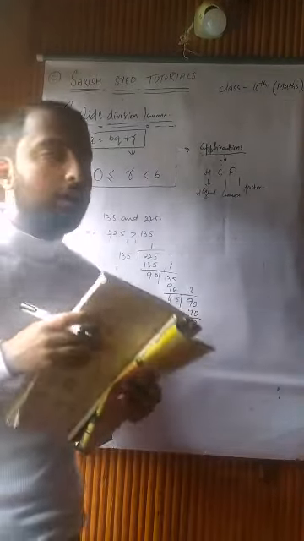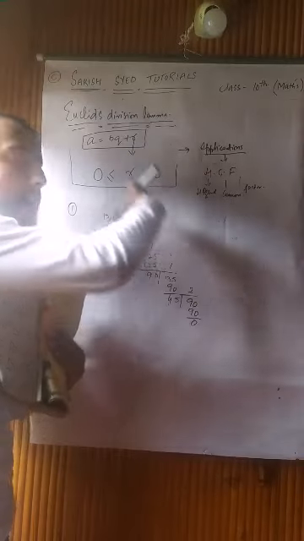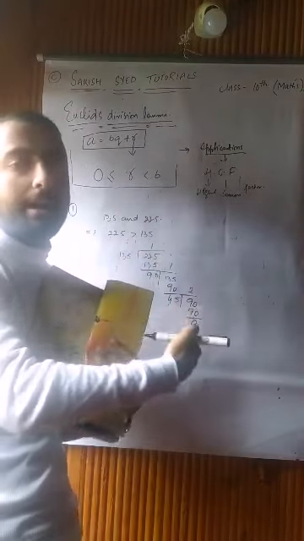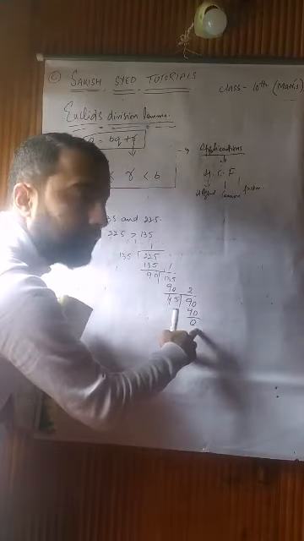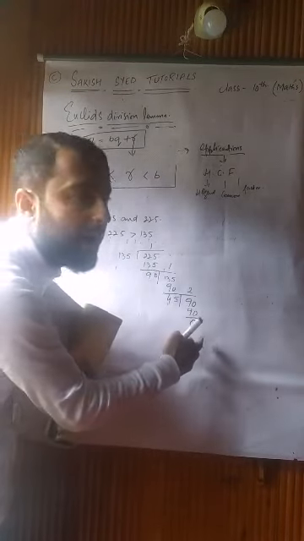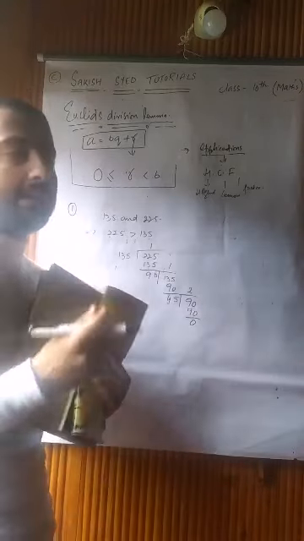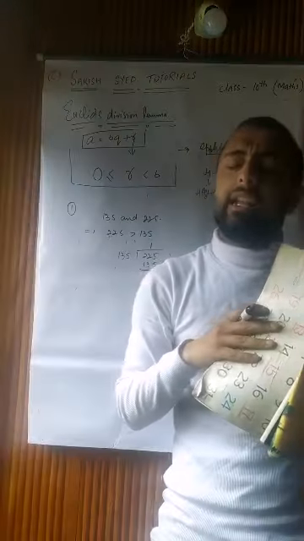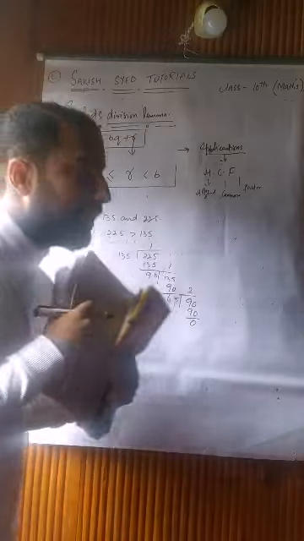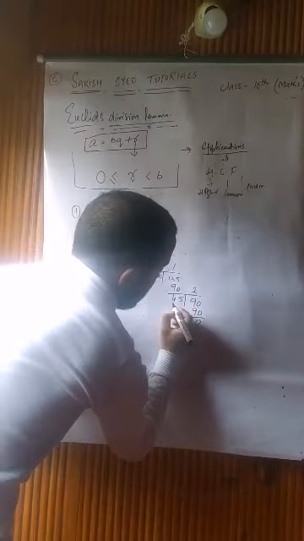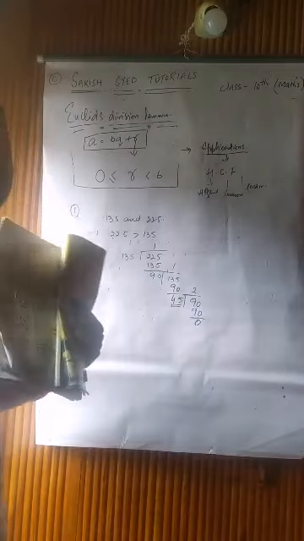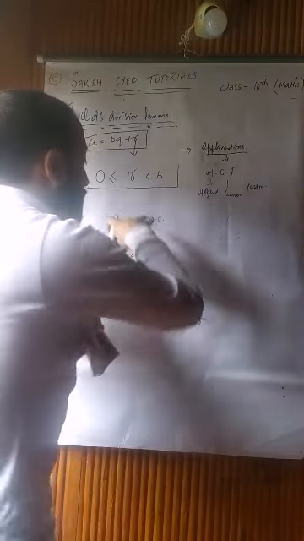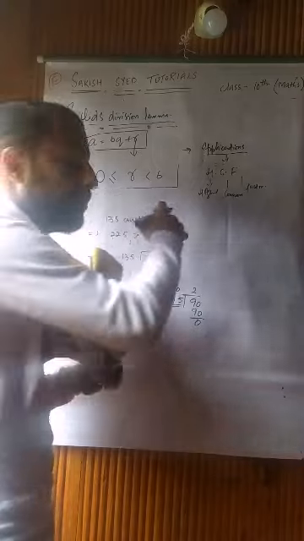I have to carry on this process, this algorithm, this lemma, till I get the remainder as 0. At the step where I get the remainder 0, the divisor at that step will be the HCF of the two numbers.